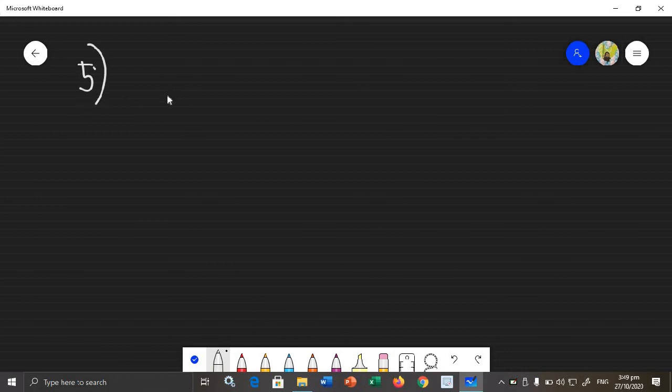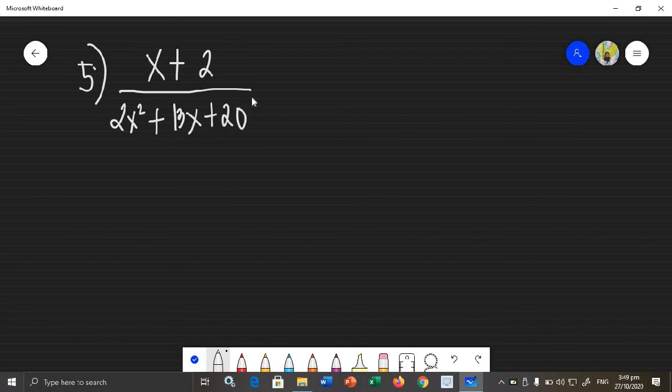And let's say we have x plus 2, all over 2x squared plus 13x plus 20 minus x plus 3 over the same denominator. So 2x squared plus 13x plus 20.